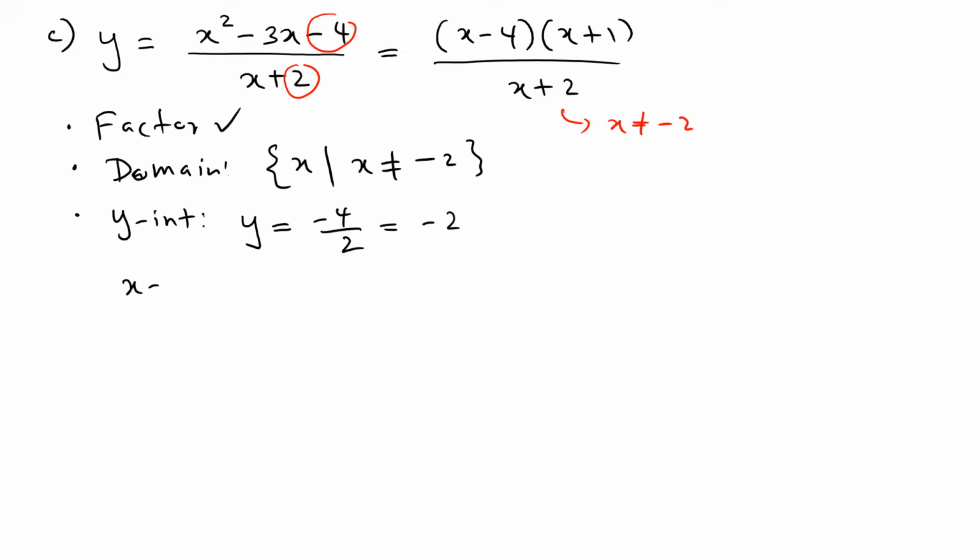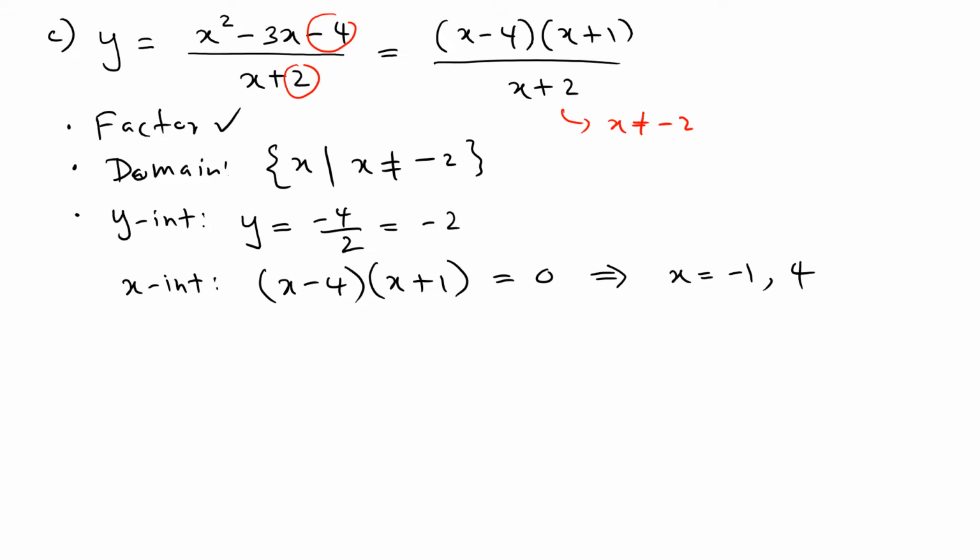And for the x-intercept, you look for the simplified version, and this is already the simplified version. That means you set the numerator equal to 0. So if you set the numerator equal to 0, you get the two values x equal -1 and 4. So those are the two zeros we have, -1 and 4.